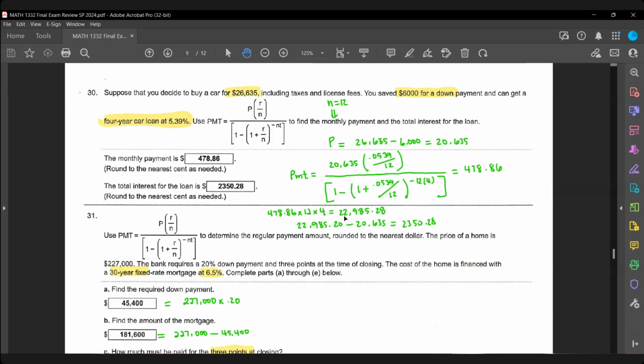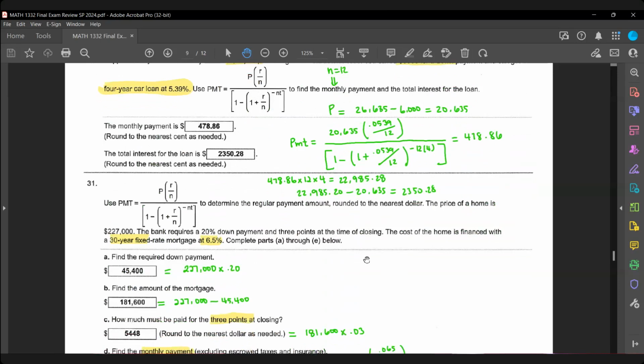This is how much we actually pay for the car. The price after the down payment was $20,635. So the difference between these two numbers is how much we ended up paying in interest, rounded to the nearest cent, 2,350.